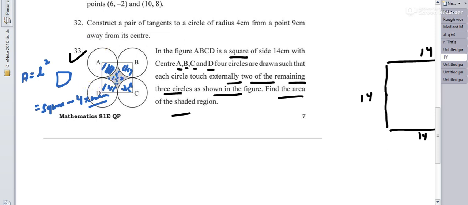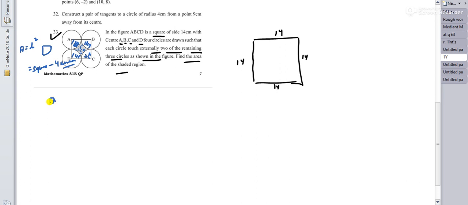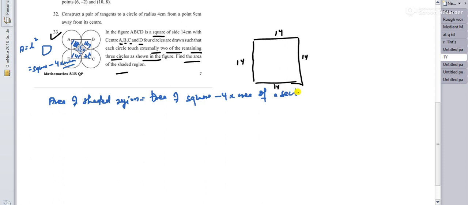Yes, I will get. So I will follow the same step. Area of shaded region is equal to area of square minus 4 into area of a sector. So area of square is L square minus 4 into, what is area of sector? It is theta by 360 into pi r square.